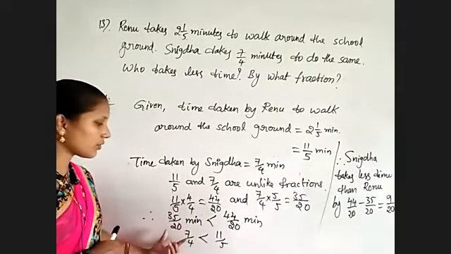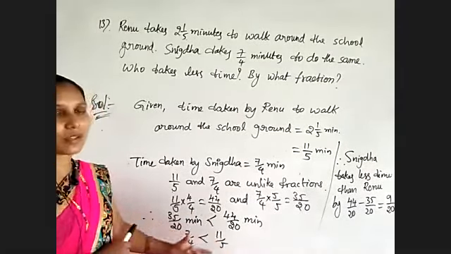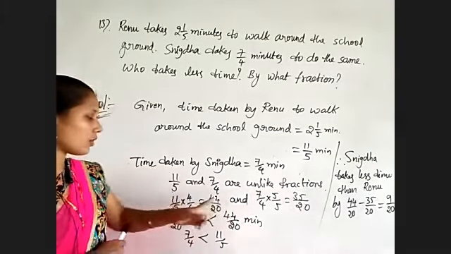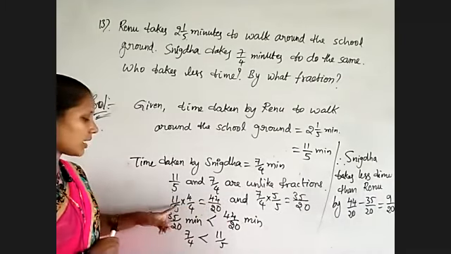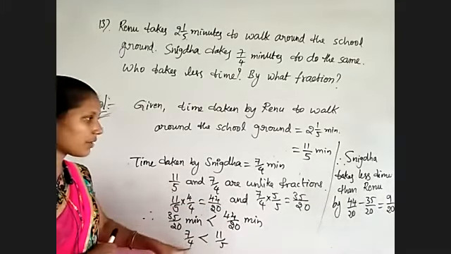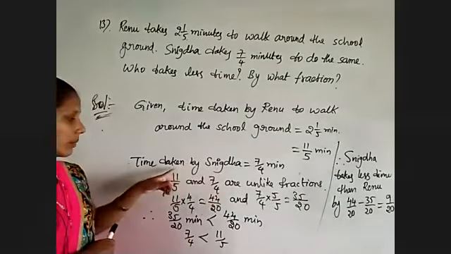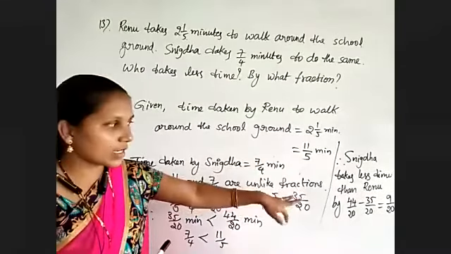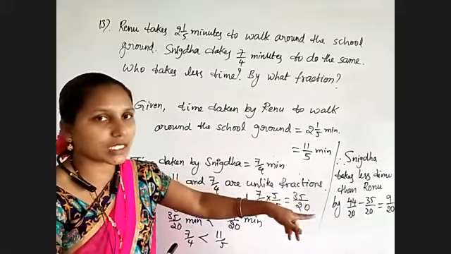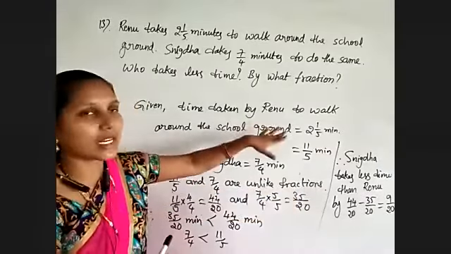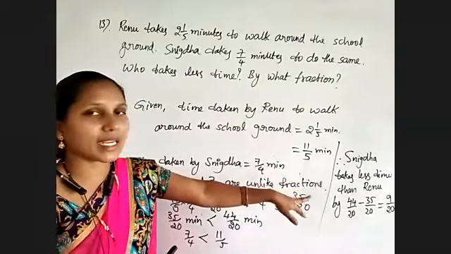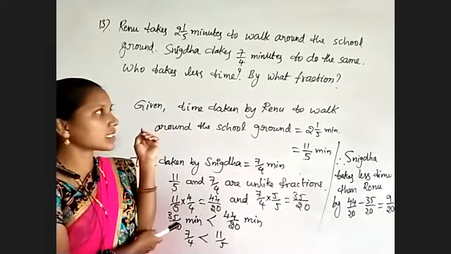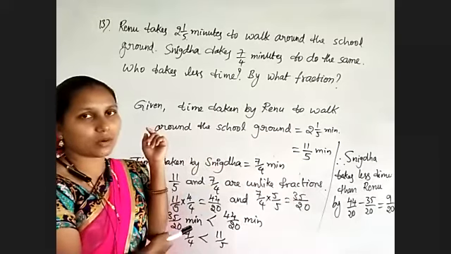So 35/20 is lesser than 44/20. And 35/20's original fraction is 7/4, and 44/20 is 11/5. And 7/4 minutes are taken by Snigdha. Means Snigdha is using less time than Renu. By what fraction they are asking, by the difference we need to find. That is 44 minus 35, which is nothing but 9/20 minutes. So it is time, we need to write minutes.